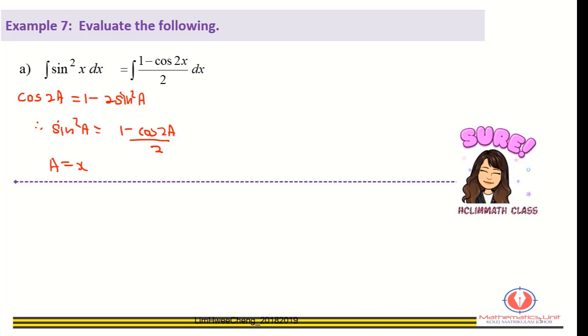So you will have 1 minus cos 2x over 2. I try to expand first, then I integrate. I integrate 1, I will get x, and I integrate cos 2x, I will get sine 2x over 2 as this. I may leave the answer here or I may expand it, up to you.